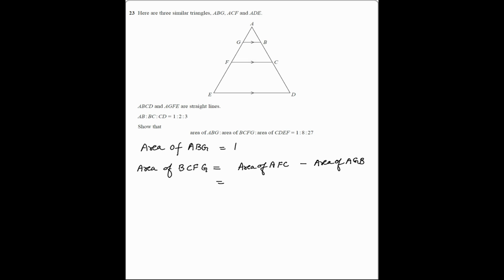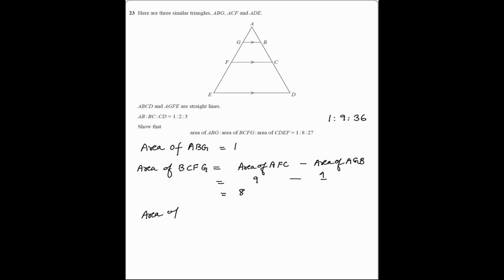Because we have already known the ratios, 1 is to 9 is to 36, and 9 is the area of AFC, so 9 minus AGB area 1, 9 minus 1 equals 8.